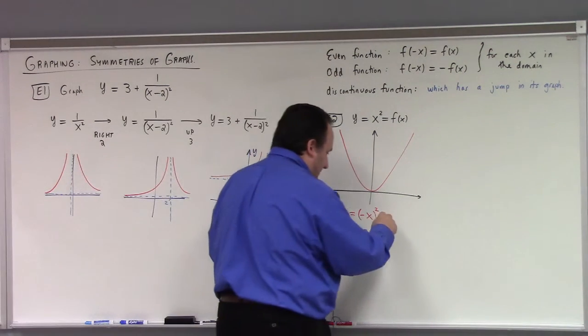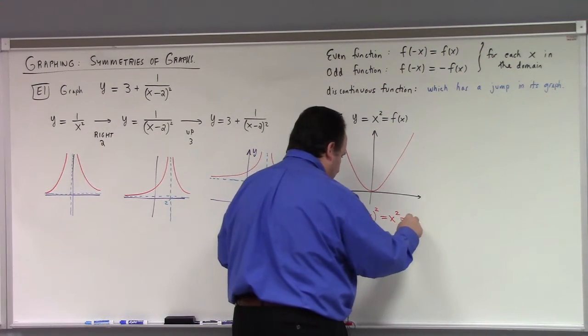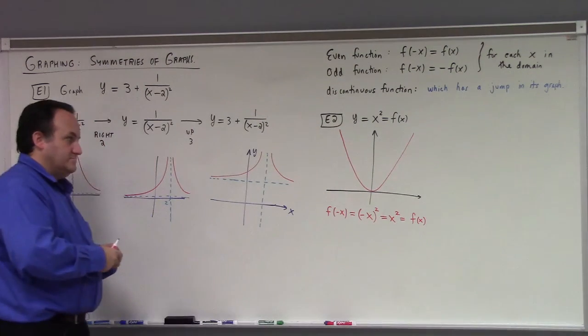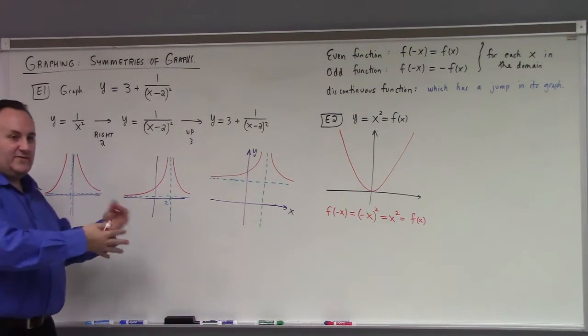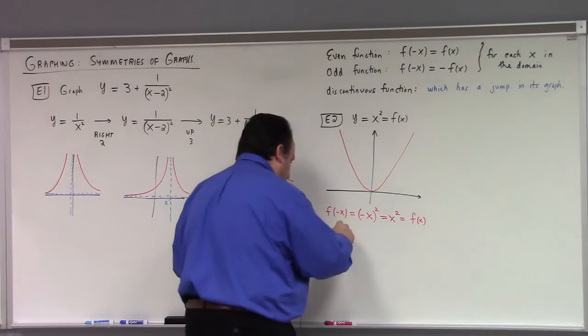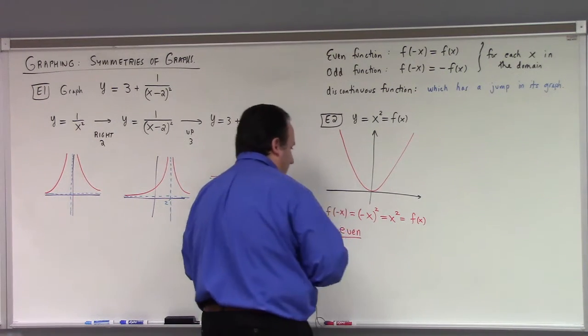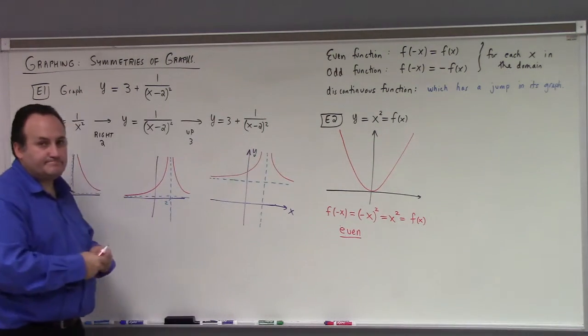So this is just equal to x squared, which of course is equal to f of x, right? So in fact, this is an even function.